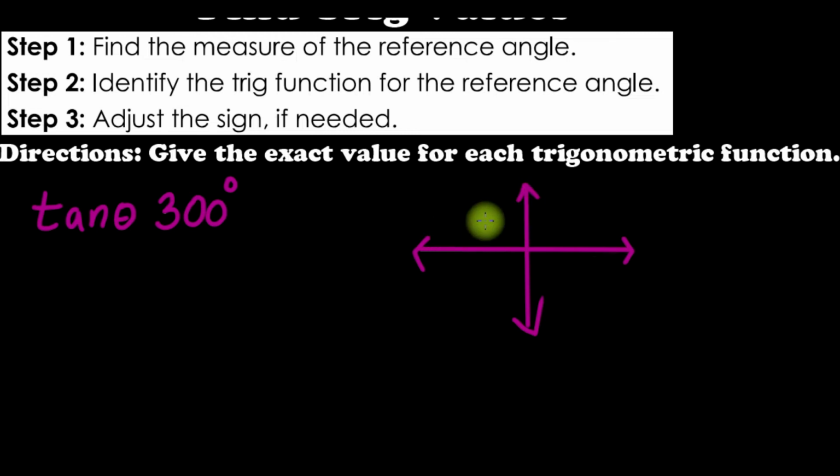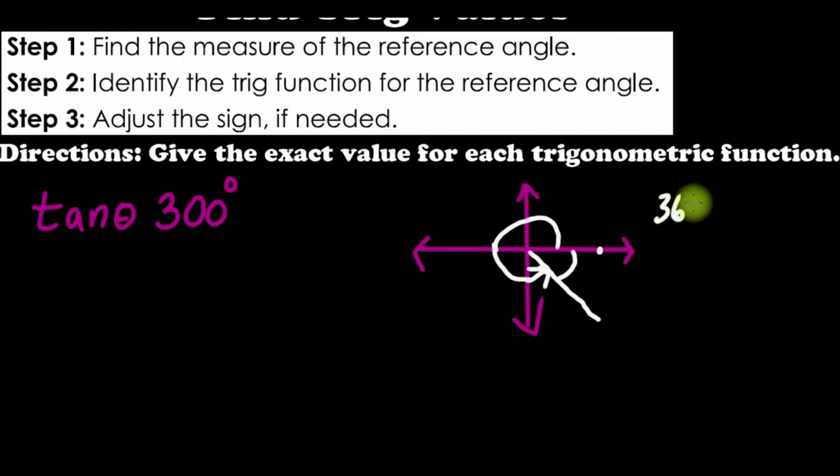So tangent of 300 degrees. If you rotate, it's 90 degrees, 180, 270, and then 300 degrees is somewhere here. This is going to be your reference angle right here. To find the reference angle, if you go all the way to this axis, it'll be 360.